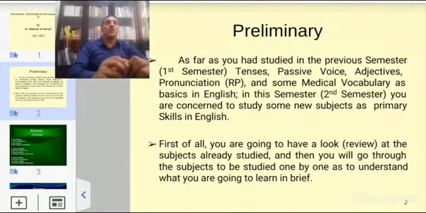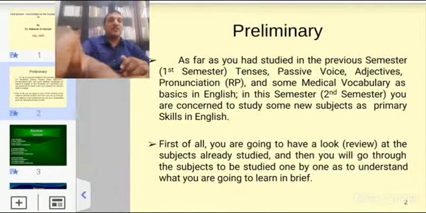First of all, you are going to have a review of the subjects already studied, and then from next lecture you will go through different subjects, and in this class particularly I will give you the plan, which is a tentative plan, contemporary plan, or temporary plan for this semester, in order to have an idea about what we are going to learn this semester. Okay, let us see here first.